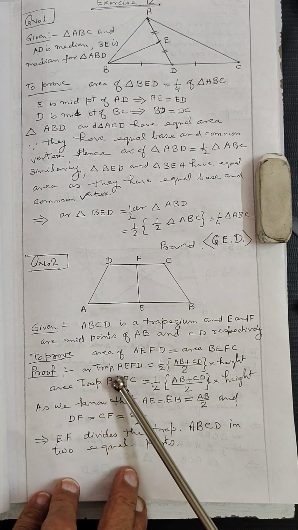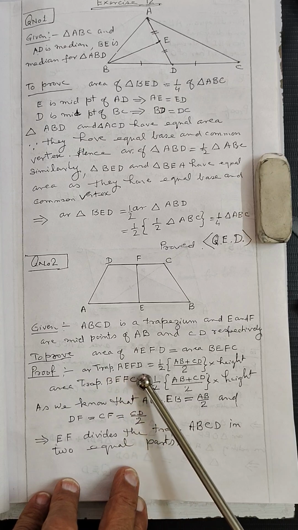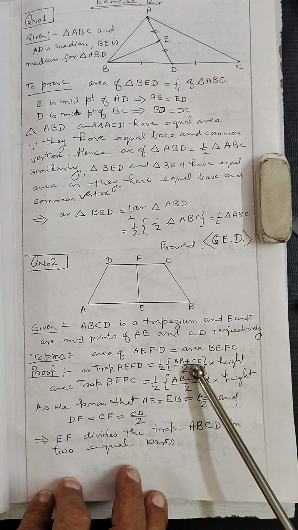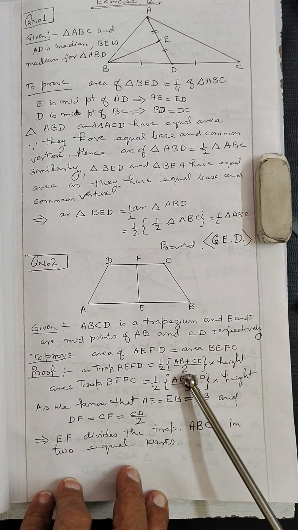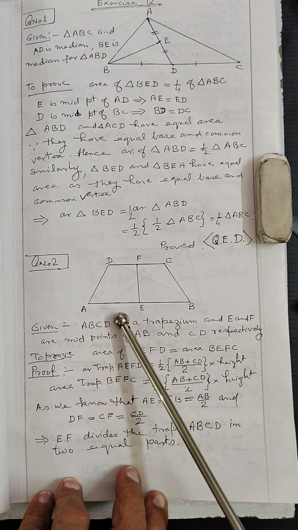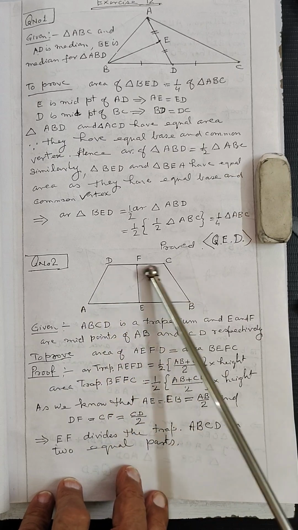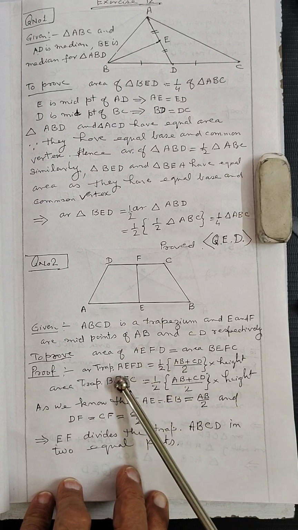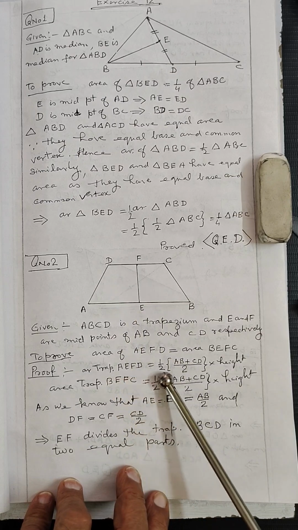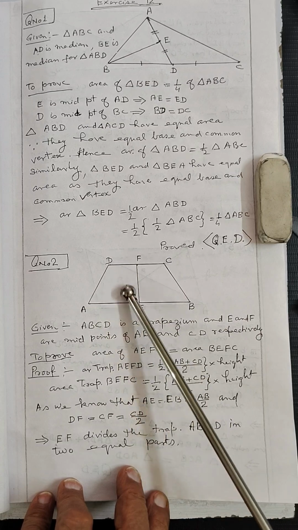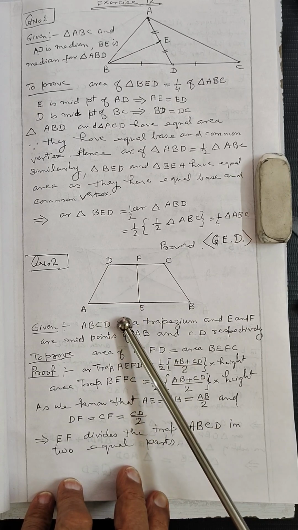So area of trapezium AEFD is equal to 1 by 2 of (AB plus CD) divided by 2. AB का हाफ कर दोगे तो क्या मिलेगा? AE. और CD का हाफ करोगे तो क्या मिलेगा? हमारे को DF. So in place of AEFD, I have written here the sum of the parallel sides, half of the sum of the parallel sides.